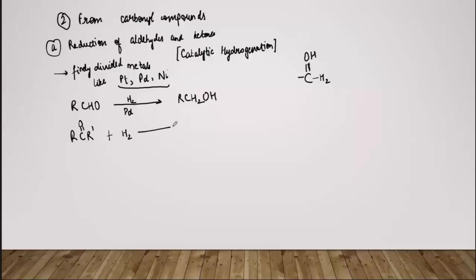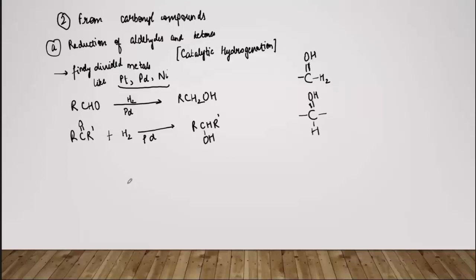When these are reacted with hydrogen in presence of a metal, then we get RCHR prime and OH. ठीक है. इसमें भी वही हुआ है. यहाँ पे भी जो C डबल बॉन्ड होते हैं, यहाँ पे दो ग्रुप्स होते हैं. ठीक है. तो one H will get attached to here and one H here, and this unsaturation has gone. ठीक है. So this is the simplest way to understand this and to remember this.